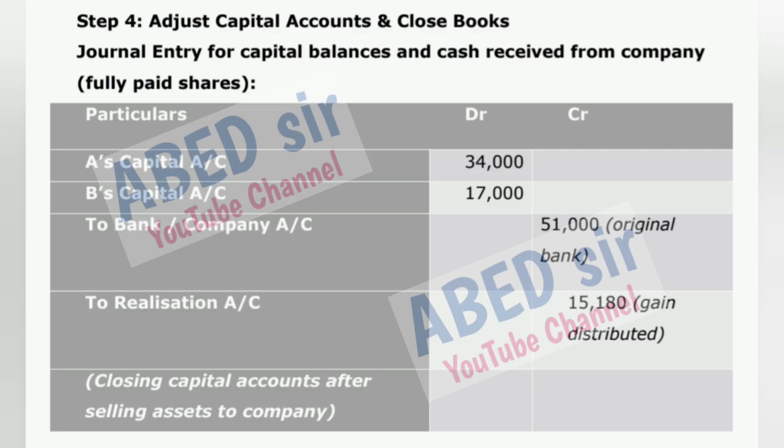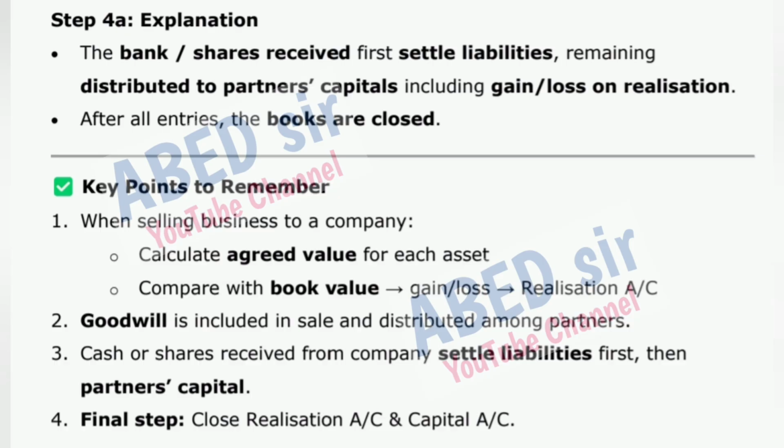To Realization A/c 15,180, gain distributed. Closing capital accounts after selling assets to company. Step 4A. Explanation. The bank shares received first settle liabilities, and the remainder is distributed to partners' capitals including gain or loss on realization. After all entries, the books are closed.